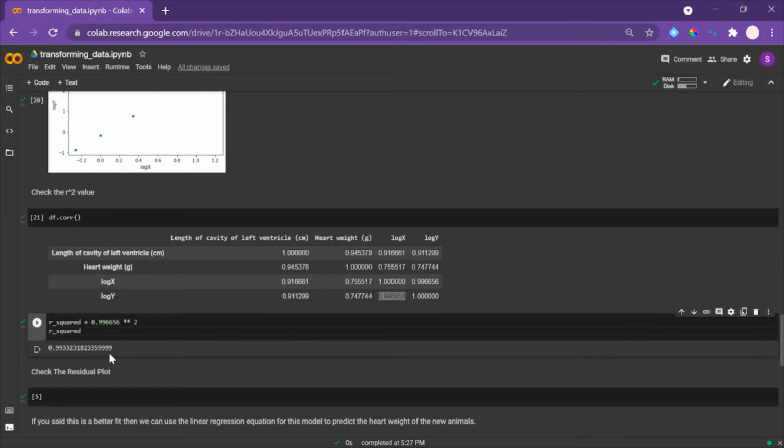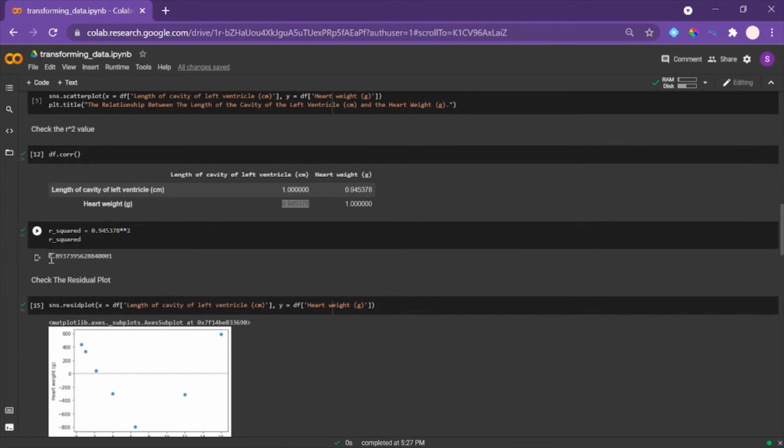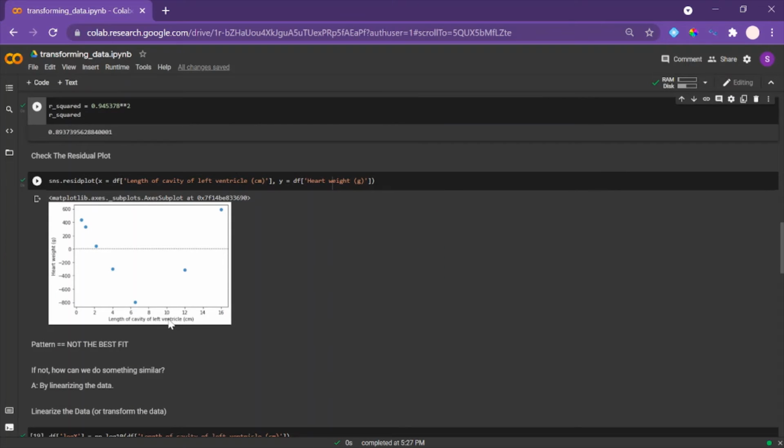And now we see that this is the coefficient of determination. So what is it? 99.33% of the heart rate variation is explained by this equation. While if we go back here, only 89.37% of the variation of the heart rate was explained by the least squares regression line in terms of the length of cavity of the left ventricle.